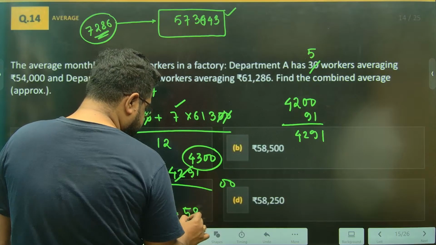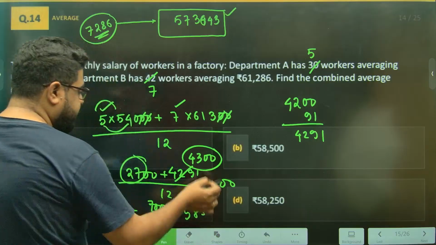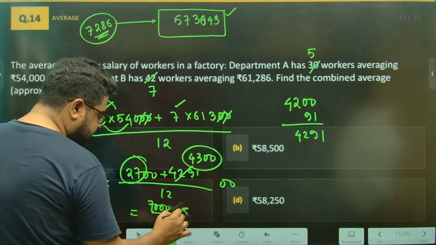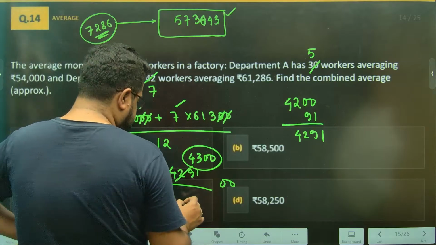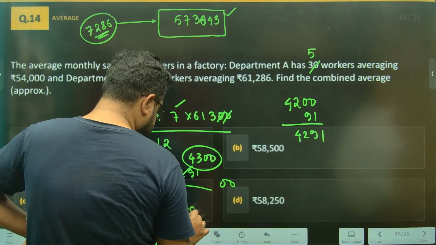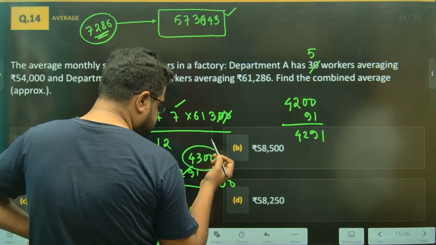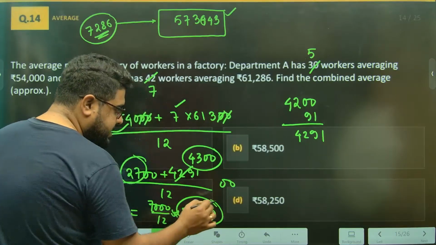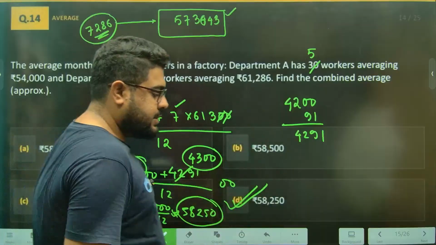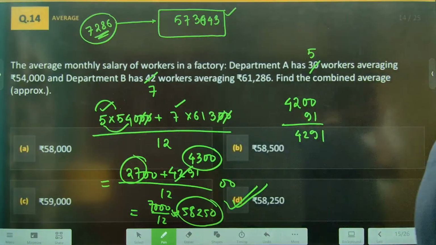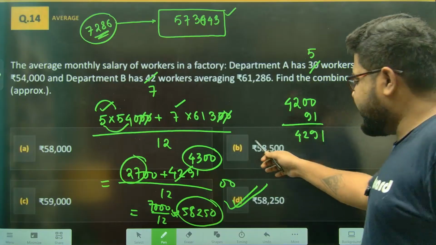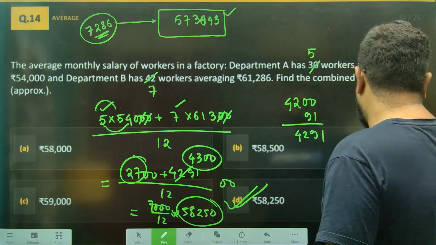Sir, it will be 58,5, but 58,250 is also there. Chalo, 5 12s are 60. This is 96. 5250 will be the answer. Because the answer will be slightly greater, this has to be the answer. Again, you see, it was between 58,500 and 58,250. So again, we just calculated, this comes out to be the answer.